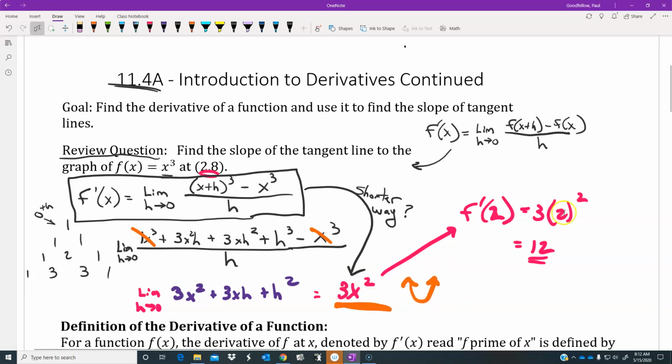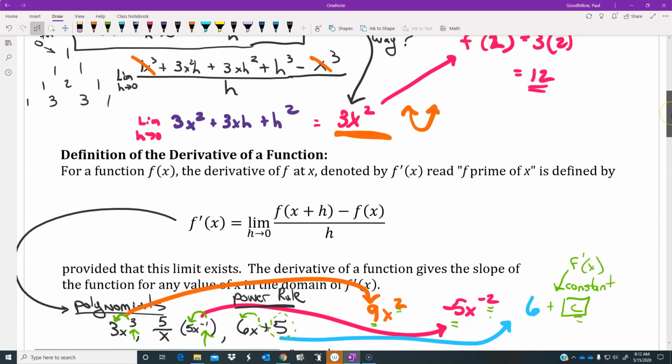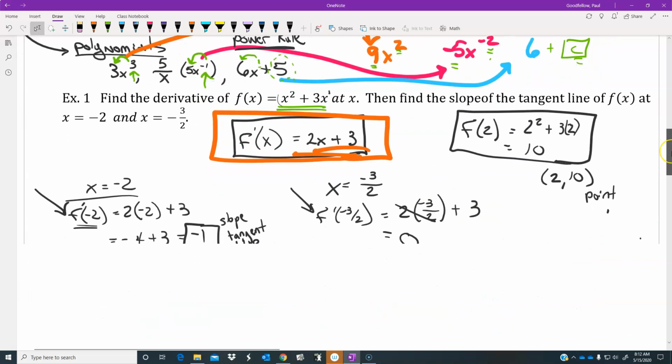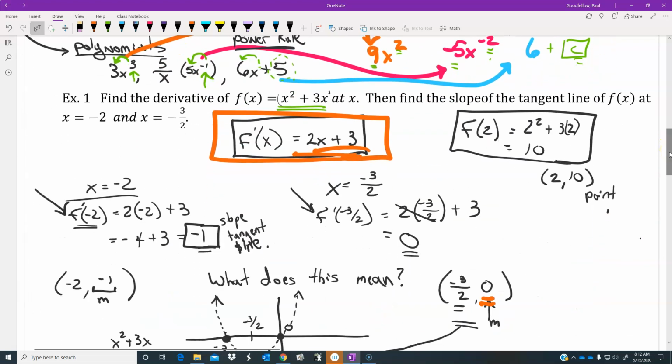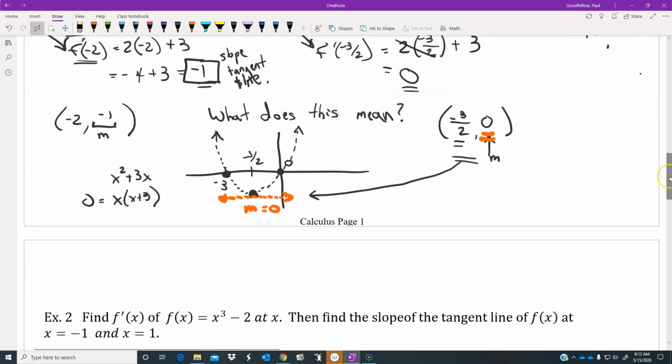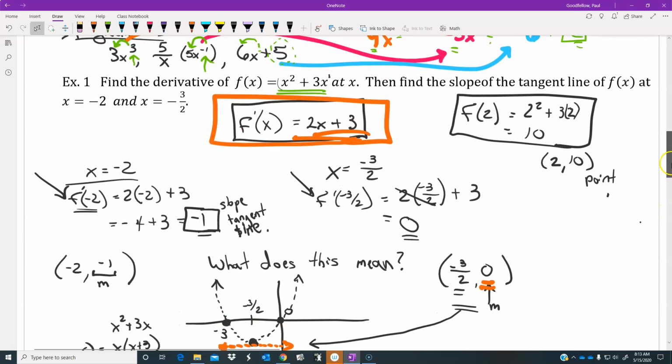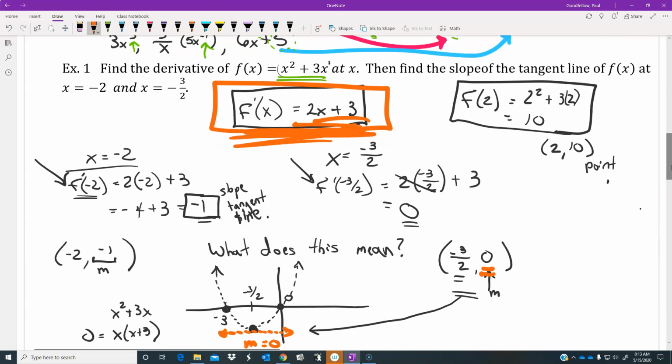So what you're really getting when you do these derivatives is equations representing all the slopes over that particular set of domains. It's a derivative, but more importantly, the derivative that you're generating right here is an equation for all of the slopes over all the domains of the original.